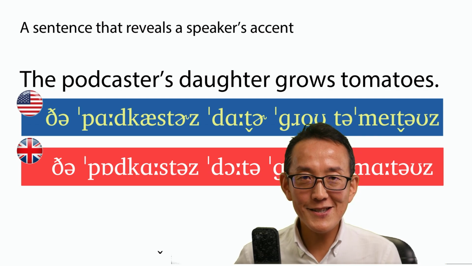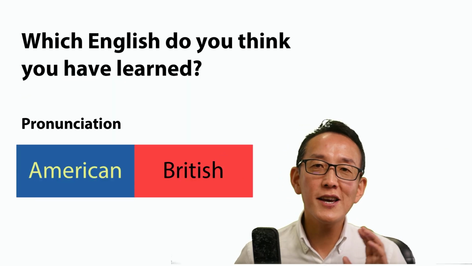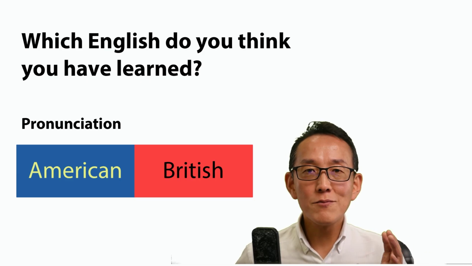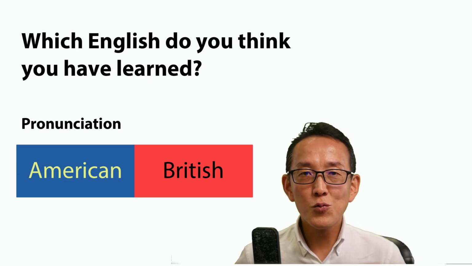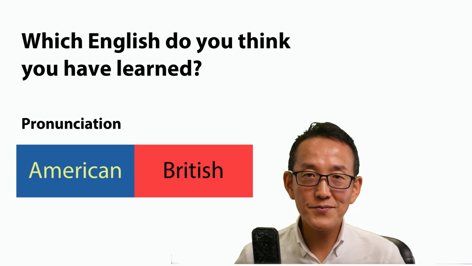All right, so today we focused on pronunciation differences between British and American English. So remember the question I asked at the beginning of the lecture? Which variety of English did we learn at school?